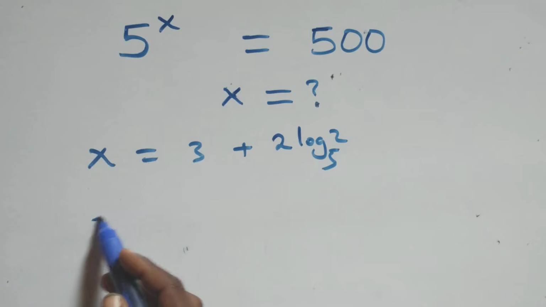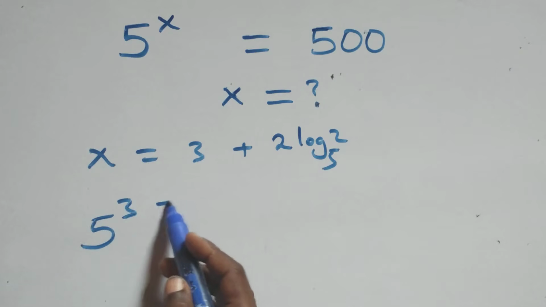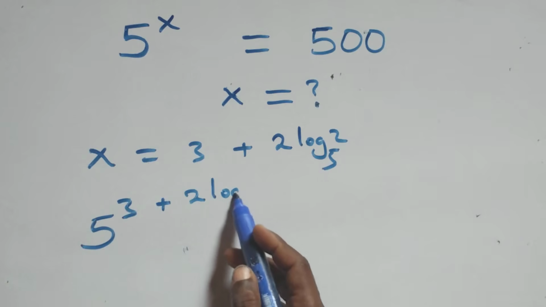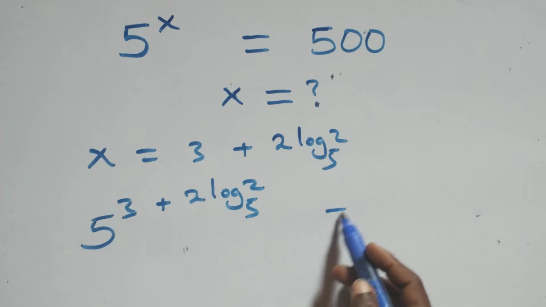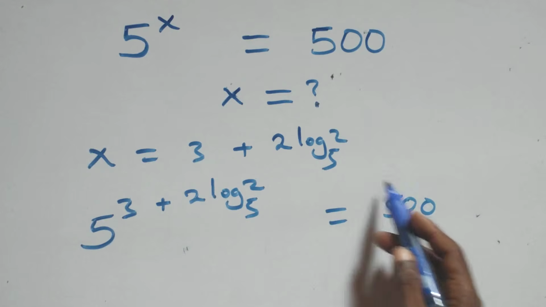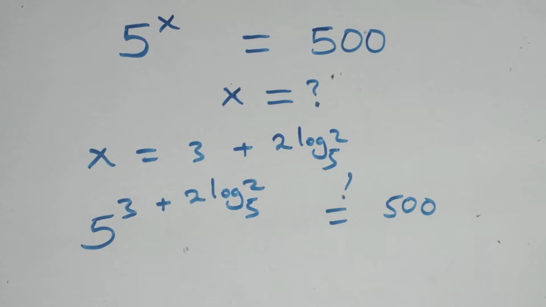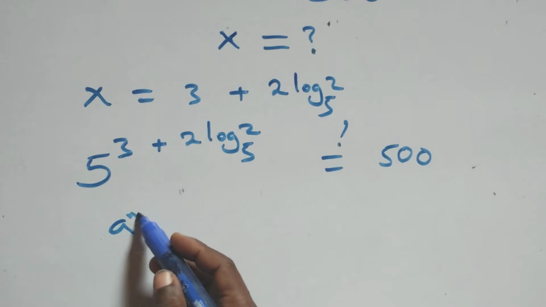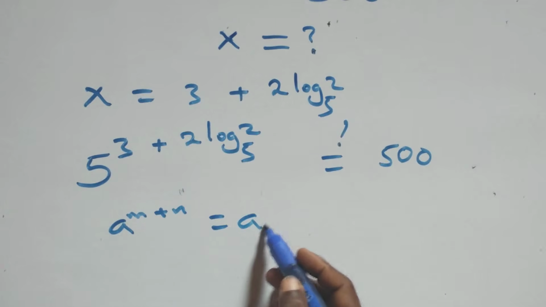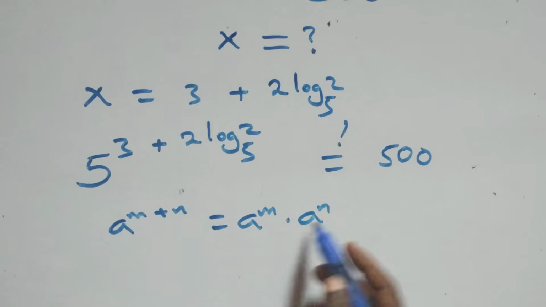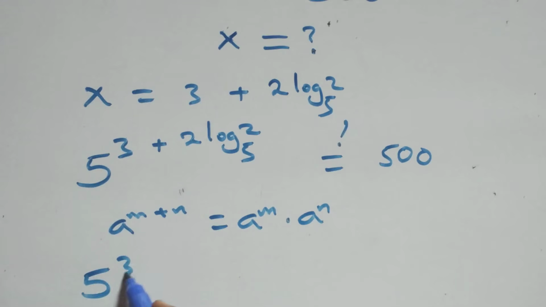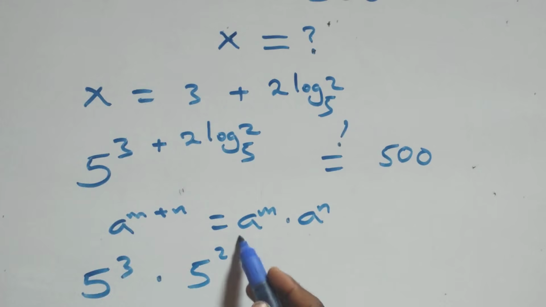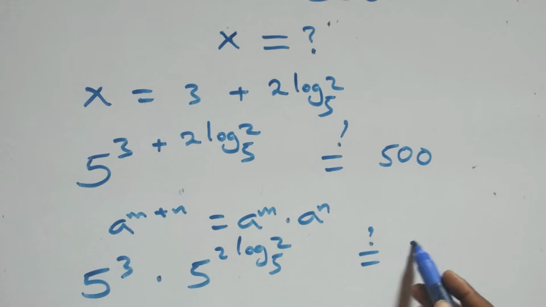Then what we have becomes 5 raised to power 3 plus 2 log 2 base 5, equals 500 on this side. Then we apply the law of indices: a raised to power m plus n is the same thing as a raised to power m times a raised to power n. Here we have 5 raised to power 3 times 5 raised to power 2 log 2 base 5. Is it equal to 500 on this side?